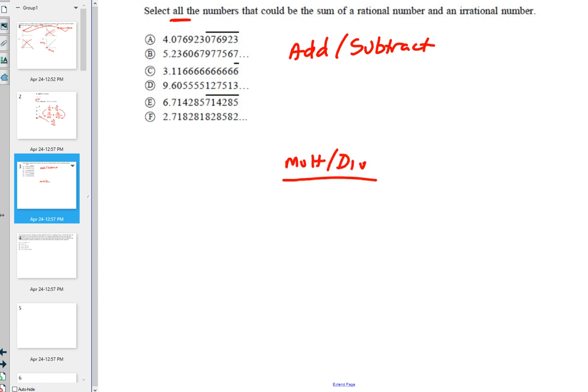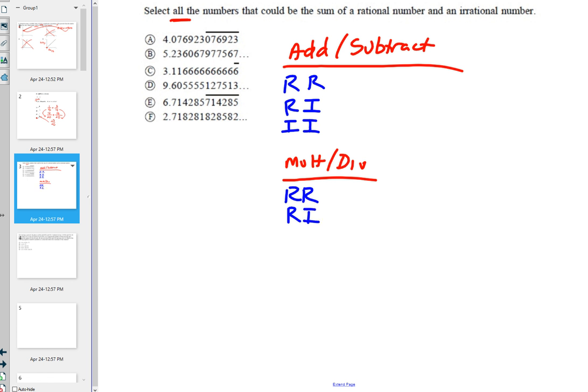This was all before I got to you guys, but so let's do rational and rational, rational, irrational, irrational, rational, irrational, and then irrational.